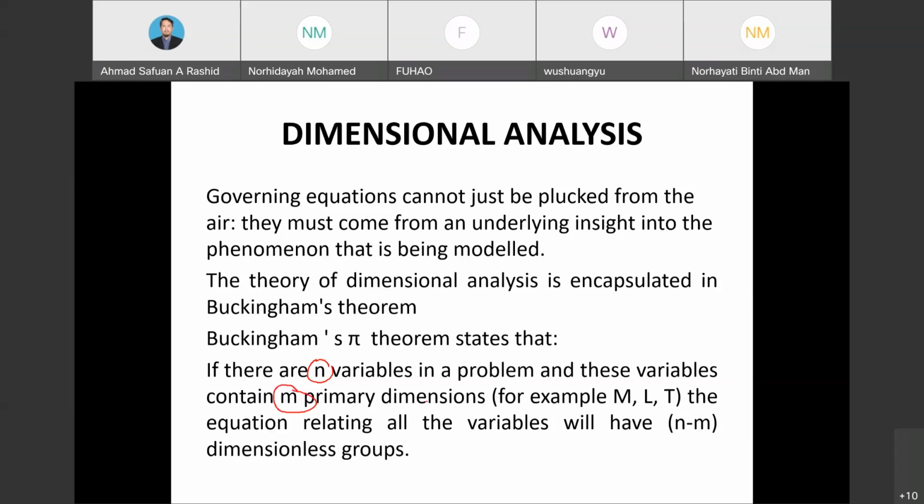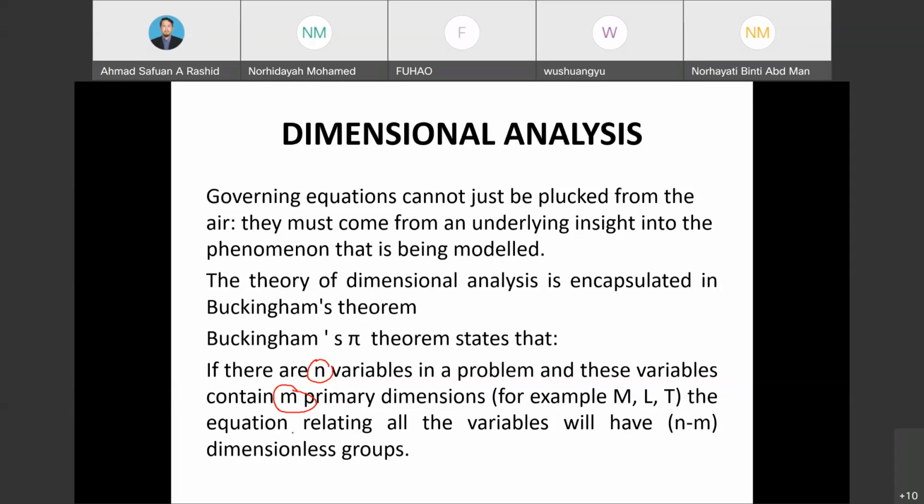So we have n number of parameters, and for each parameter, we need to derive the primary dimensions, for example MLT or FLT. I will explain later on.